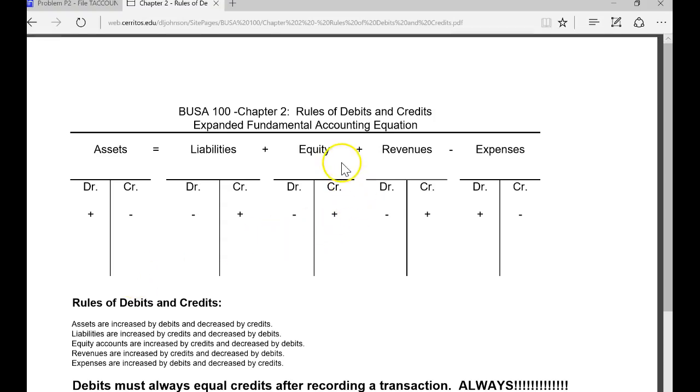And here are the accounting equations that we just spoke about. Again, in my class, I tell students that you have to remember assets as plus minus. I encourage them to remember it in pictures.